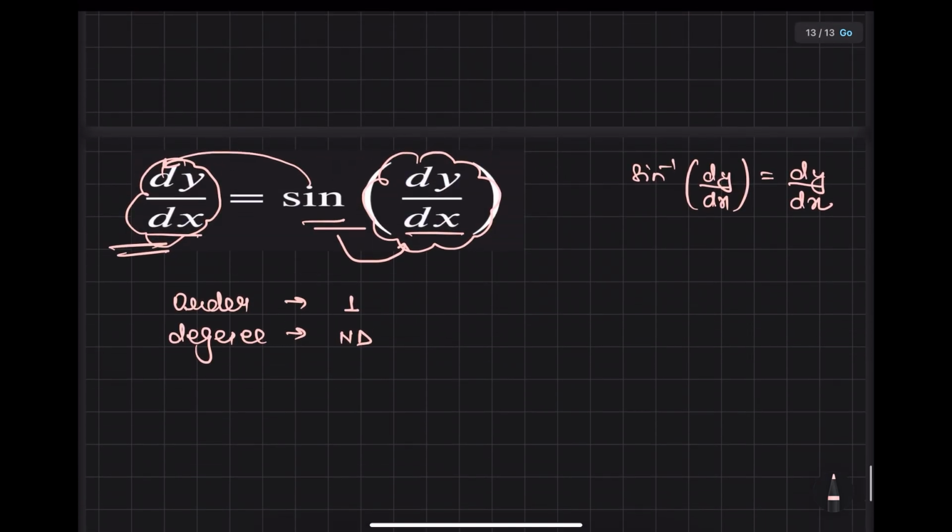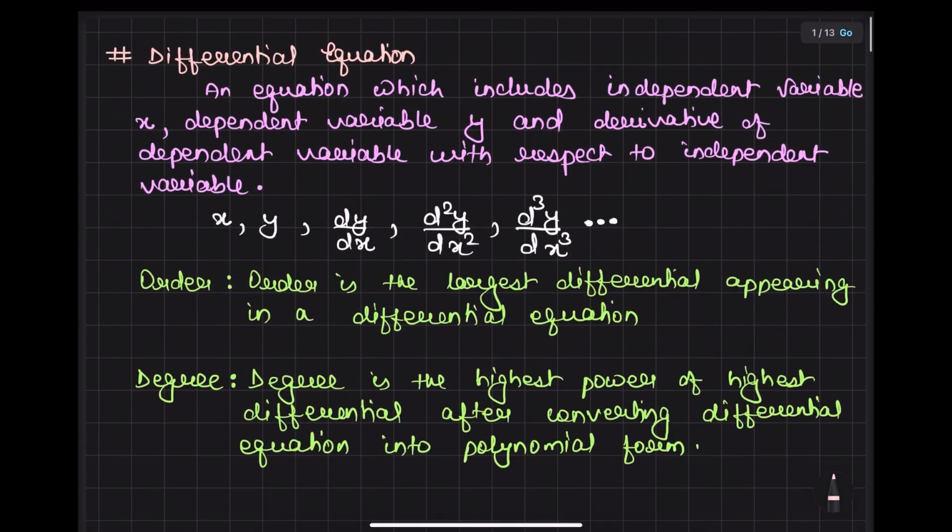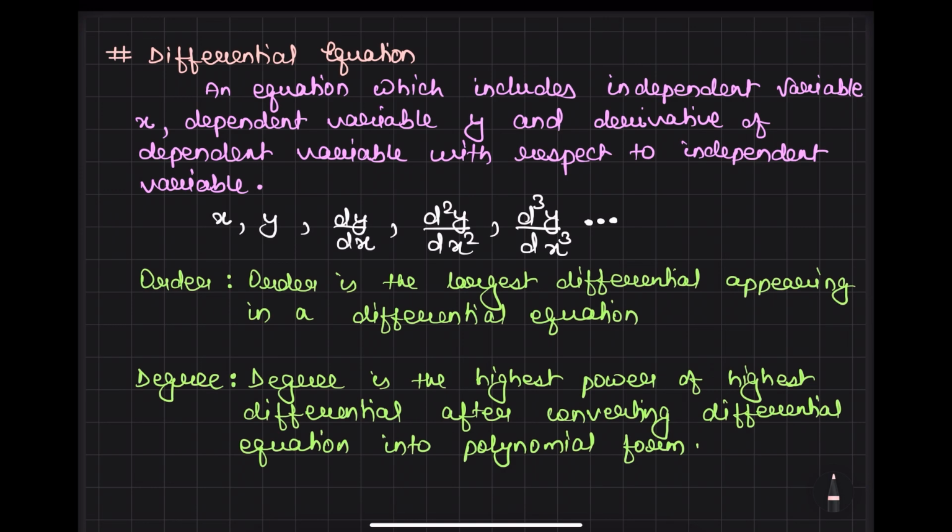I hope you understood the definition of differential equation, real life application, and what degree and order are. Although order and degree are not part of JEE Mains, you can expect these kinds of things. You cannot rely, they can ask you in a different way.